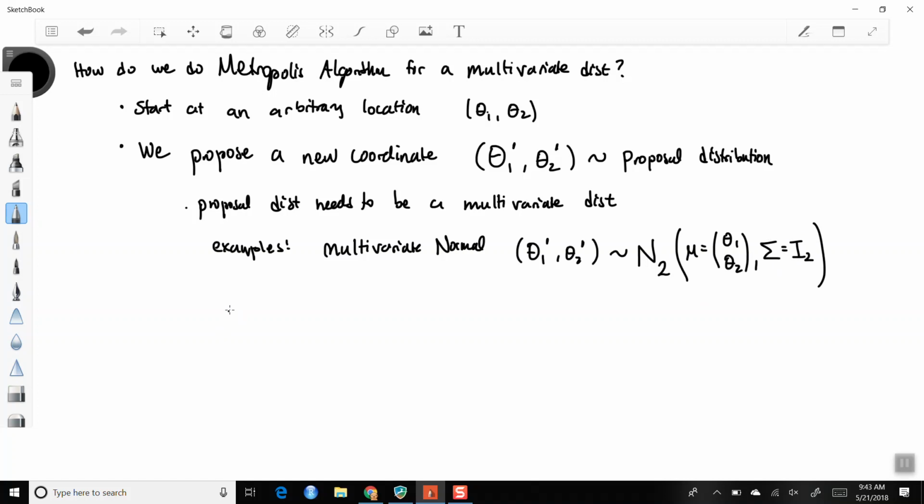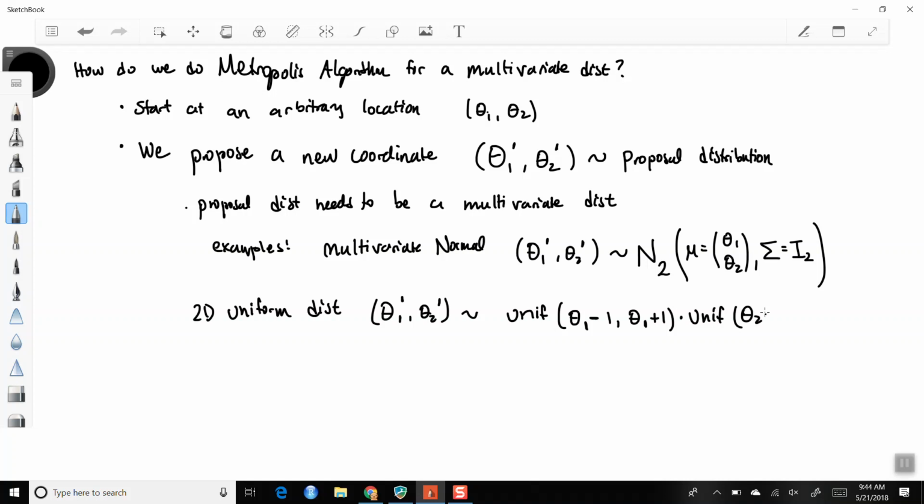You could have basically a 2D uniform distribution, and we would say theta 1 prime and theta 2 prime come from, I don't know what the notation for this would be, but basically the joint distribution of a uniform going from your current theta 1 minus 1 to theta 1 plus 1, and joint with theta 2 minus 1 to theta 2 plus 1, or something like that.